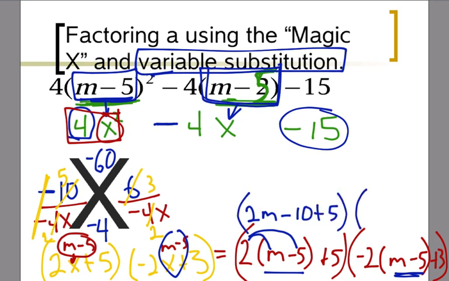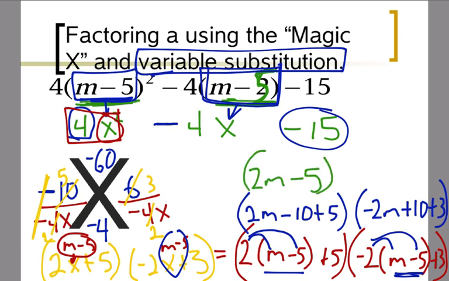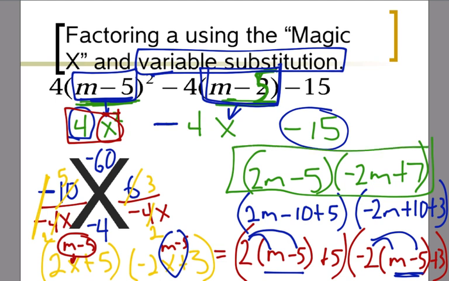And in the second parentheses you would distribute the negative 2, and you get negative 2m plus 10 plus 3. And then you further simplify to get your final answer of 2m minus 5 times negative 2m plus 7.